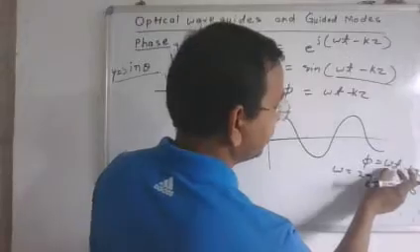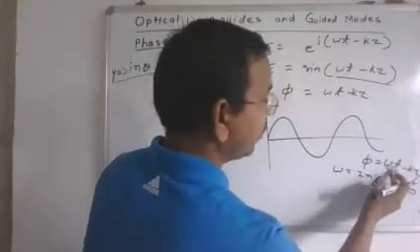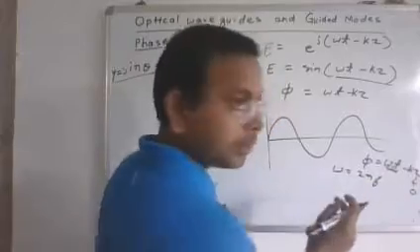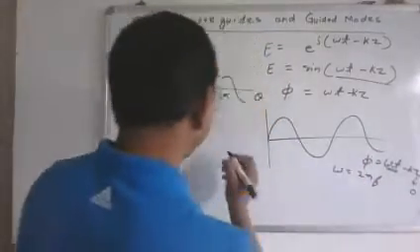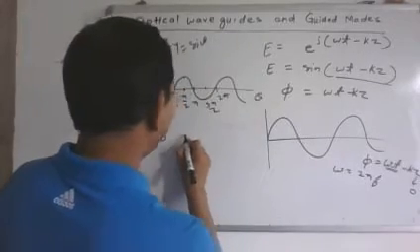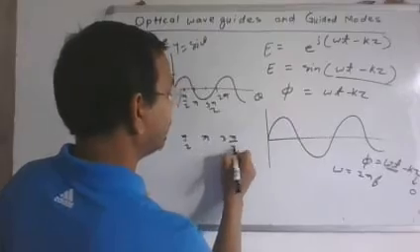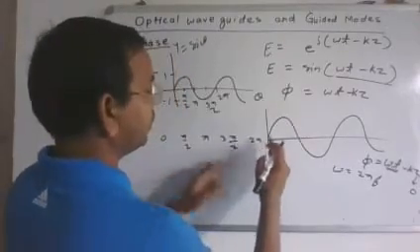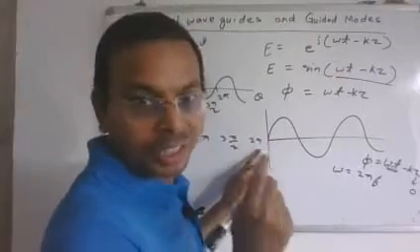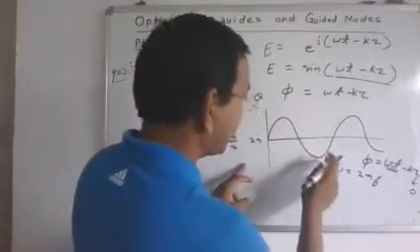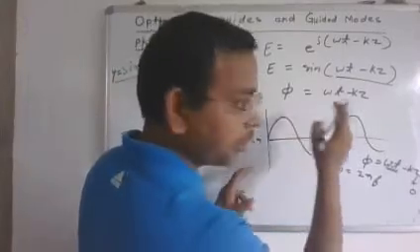Why? Because this omega t is linear. Phase is linear with respect to time, so phase will linearly increase as time increases. The phase will keep on changing from 0 to pi by 2 to pi, then 3 pi by 2, then 2 pi, and keep on increasing, and hence the electric field amplitude will also keep on fluctuating from 0 to maxima, then 0 again, minima, then again 0, like that.